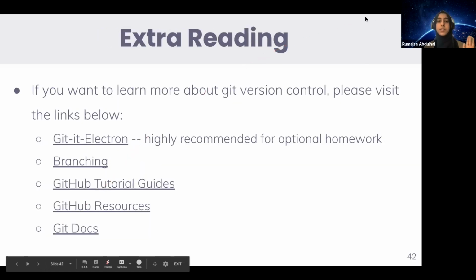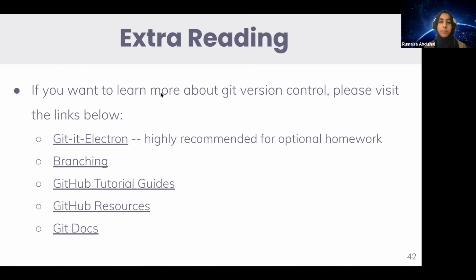This is a little heads up for the next lesson. If you want to learn more about Git version control, these are the links that I suggest you look at. Git-it Electron especially, I highly recommend it for optional homework. You can start on it if you have time this week, and you can continue and finish it next week.